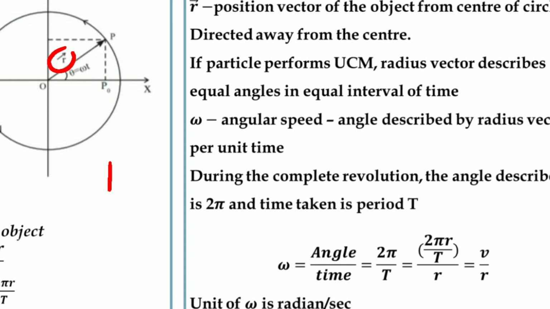Now during the complete revolution, the angle described is 2 pi and the time taken is the period, that is T.